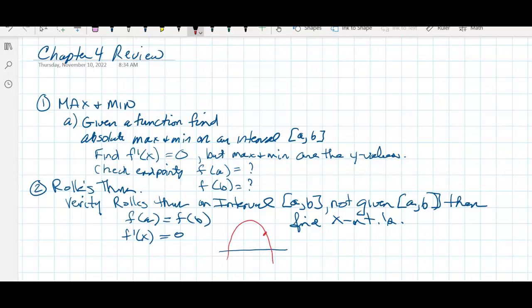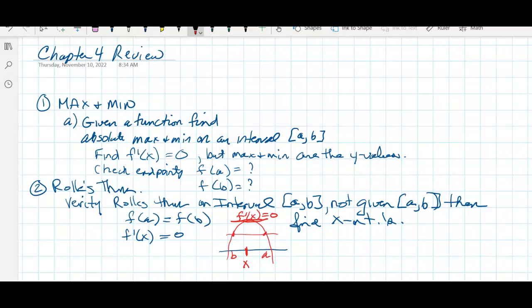Right? Here's your 2 points, A and B, so yeah, you can see f of A equals f of B, right? Rolle's theorem states there must be some value x that has f prime of x equals 0. So all you're checking is that that x value is between A and B. That's it. You've done those 2 things, you verified Rolle's.